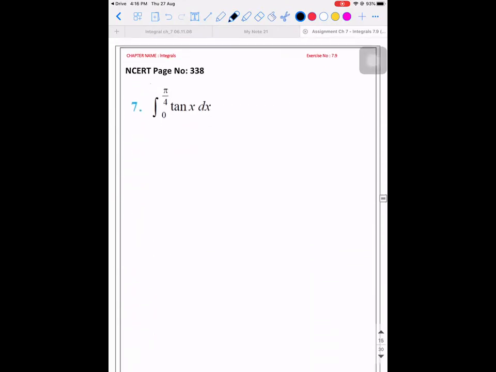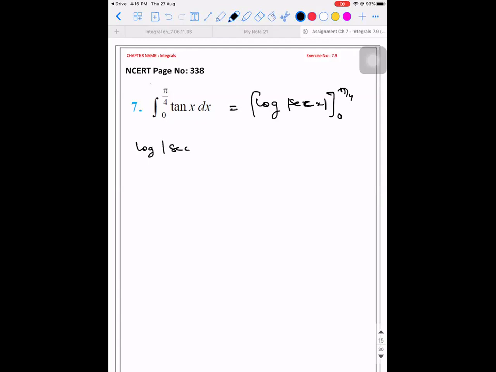Integral of tan x between 0 to pi by 4. It is log mod secant x within the limits 0 to pi by 4. So substitute the limits.